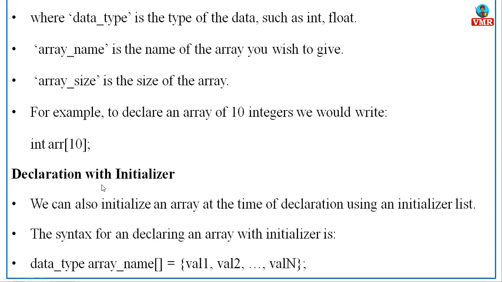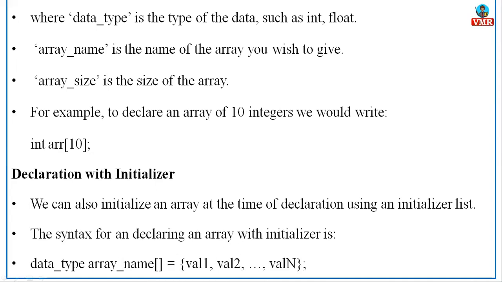If I want to declare with an initializer, that is, directly give the values, then I can use this form: data type, array name, and here I need not specify any size, and directly I can give the values. You need not provide any size; automatically it will fill the array indexes accordingly. If you do provide the size, you need to provide exactly that many elements only.